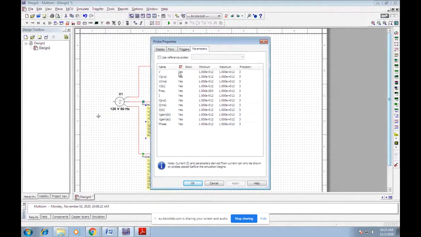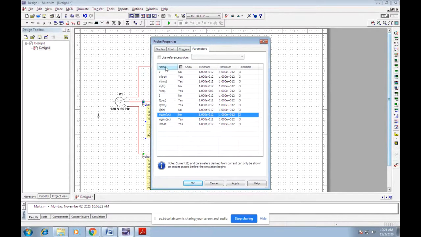We don't require the voltage, we require peak to peak voltage, we require RMS voltage, we don't require DC voltage. Frequency we require. We don't require current, peak to peak current we require, RMS current we require, DC we don't require, DC voltage gain we don't require, AC voltage gain we require, and phase also we require.